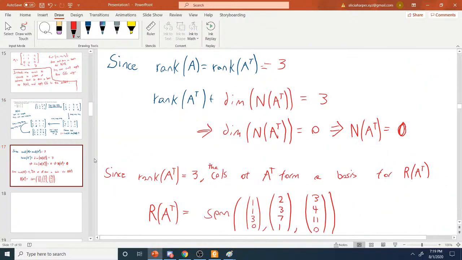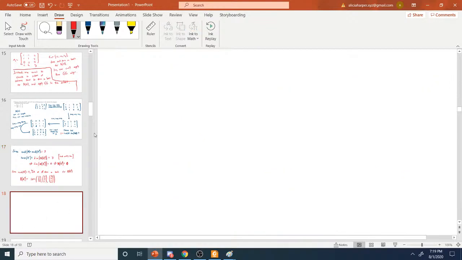The fact that the rank of A transpose was 3 taught us by the rank nullity theorem that the dimension of the null space of A transpose had to be 0, which consequently means that the null space of A transpose is just the 0 vector space. And it also told us that the 3 columns of A transpose have to form a basis. So we've actually determined a lot.